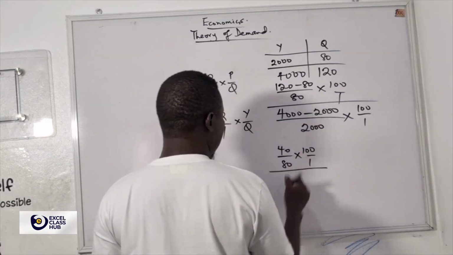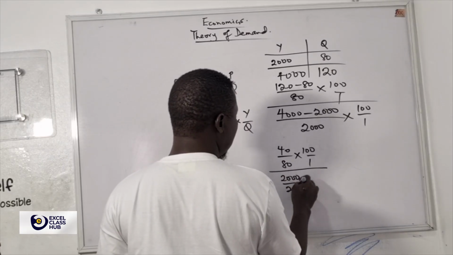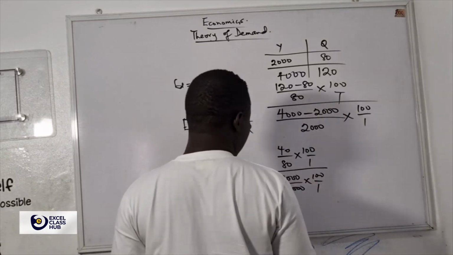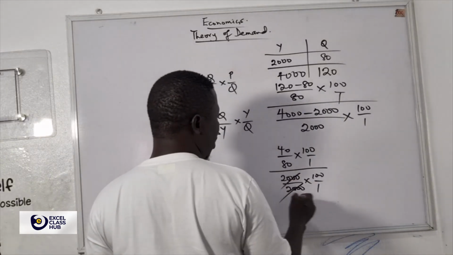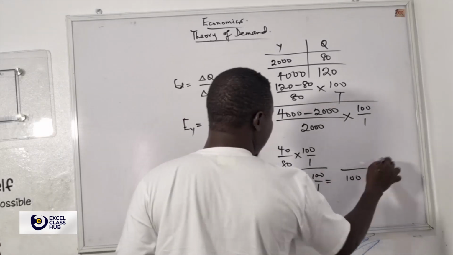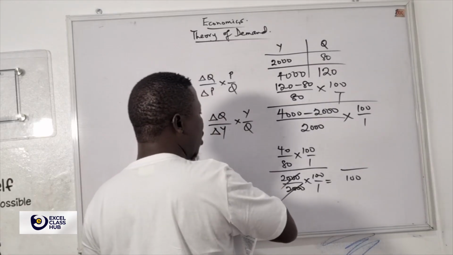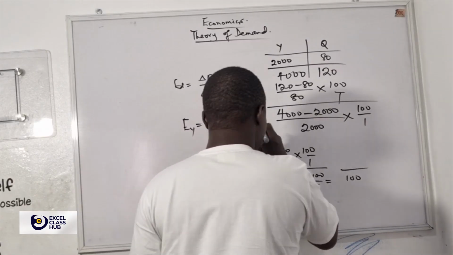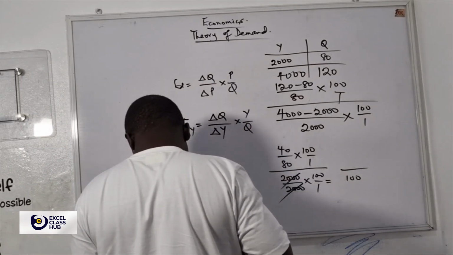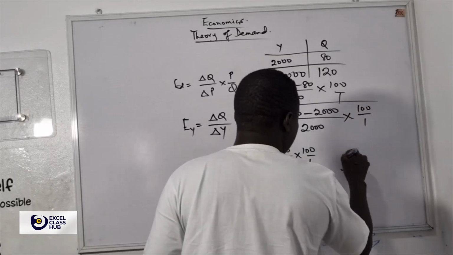Divide everything by 2,000 over 2,000 times 100 over 1. If you look at this calculation here, 2,000 cancels 2,000, you are left with 100. 40 multiplied by 100, that will be 4,000. 4,000 divided by 80 is 50.